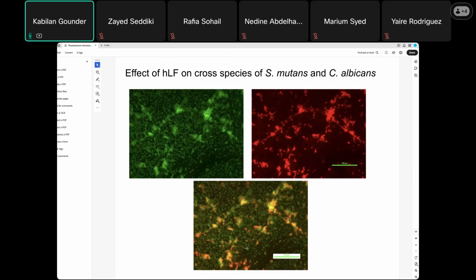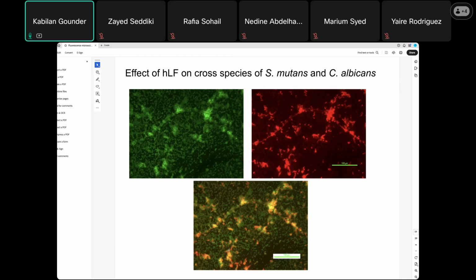Here also is another dual species, Streptococcus mutans and Candida albicans together. How do they interact? You can see the green panel, which shows how this bacteria and fungus grow in the biofilm, and this is a red panel. You can see both Streptococcus mutans and Candida albicans, and together. So this we treated with lactoferrin.